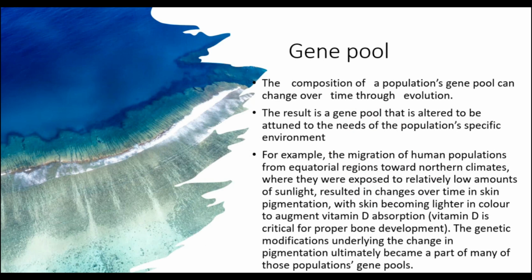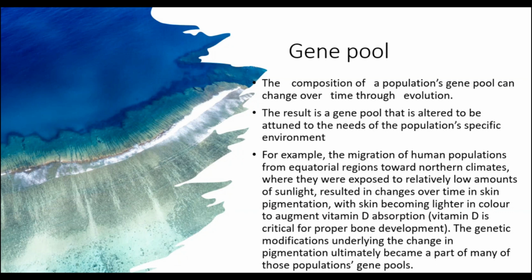The composition of a population's gene pool can change over time through evolution. We studied this in detail. The result is a gene pool that is altered to be attuned to the needs of the population's specific environment.